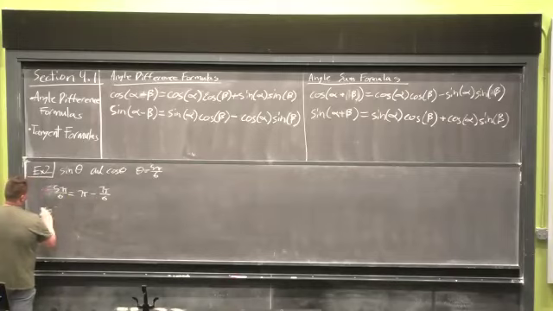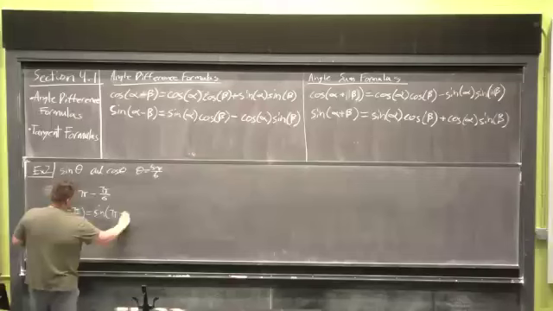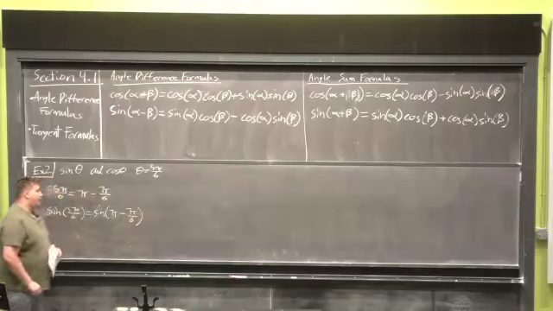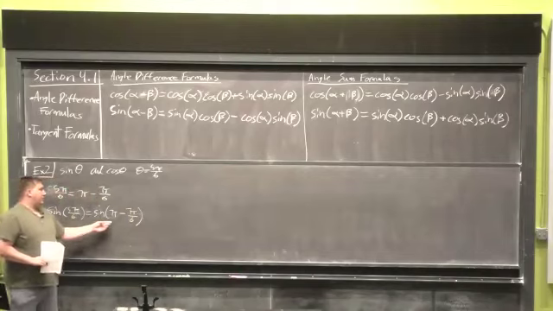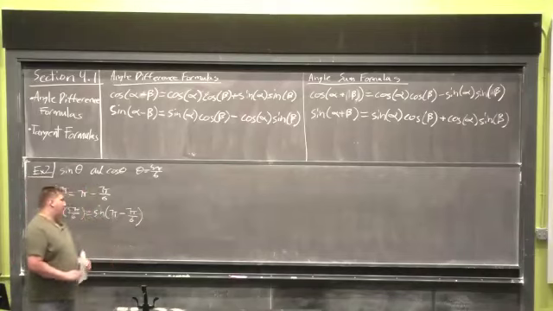And so now let's start off with sine again. Sine of 5 pi over 6 is equal to sine of pi minus pi over 6. And here we could think of this as also an add pi identity.